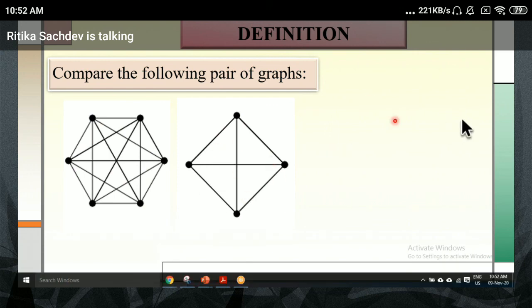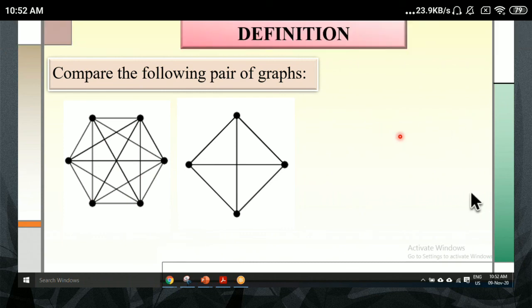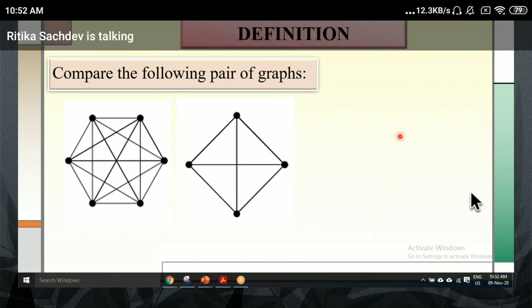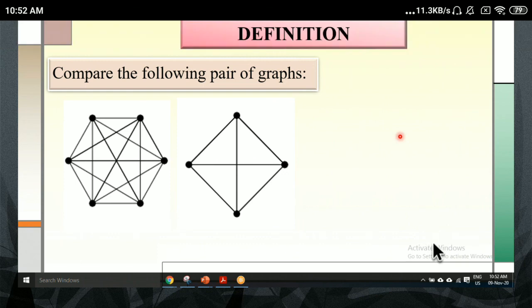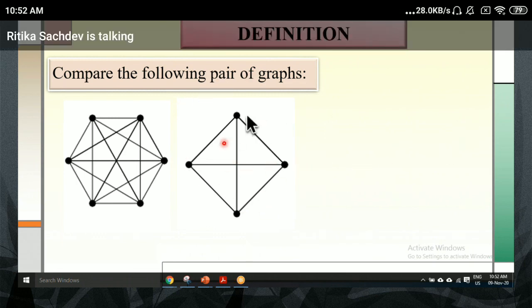Do you feel the graph on the right hand side is the part of the graph on the left hand side? Yes or no?